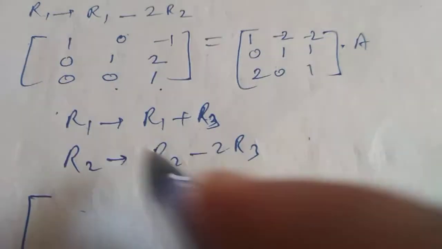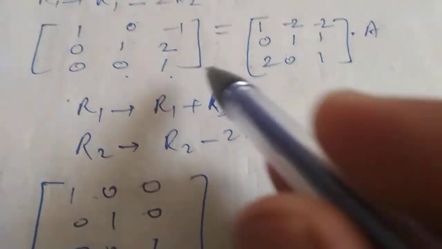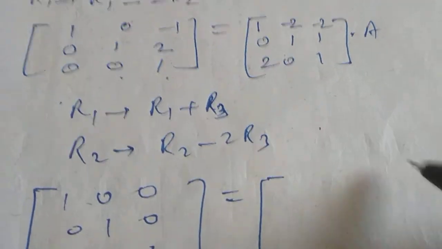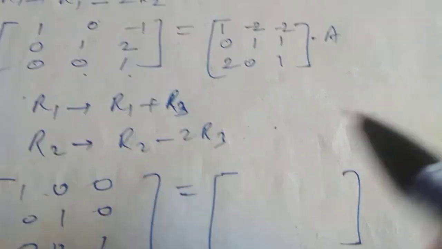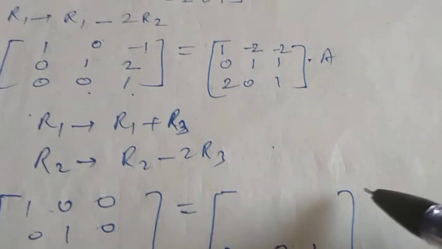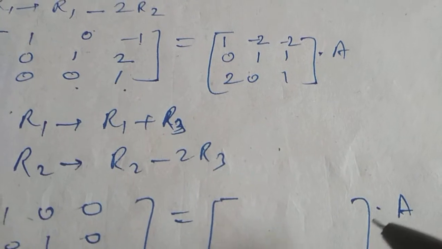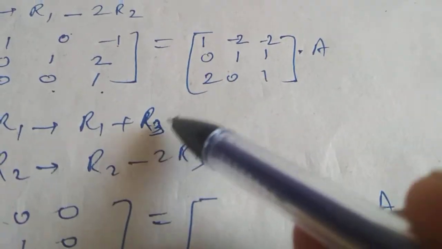So very easily we get 1, 0, 0, 0, 1, 0, 0, 0, 1. You can simply check it out. First operation is R1 changes to R1 plus R3. R3 in this entire process is the reference row, so that has to be written properly.